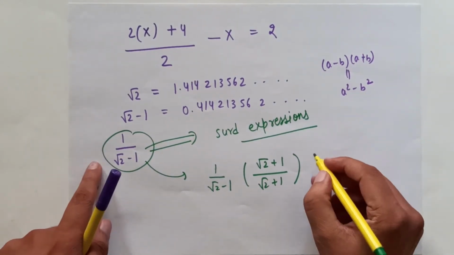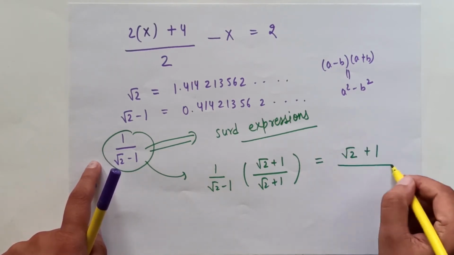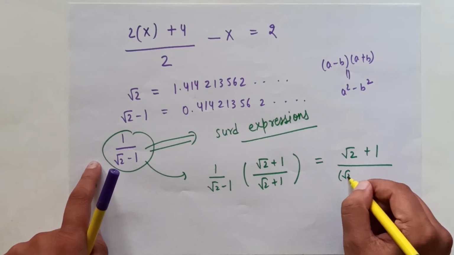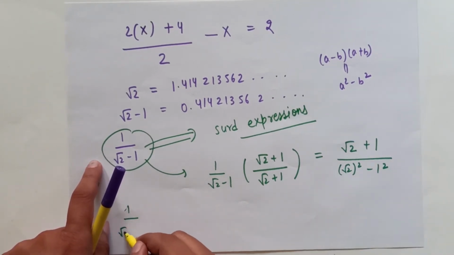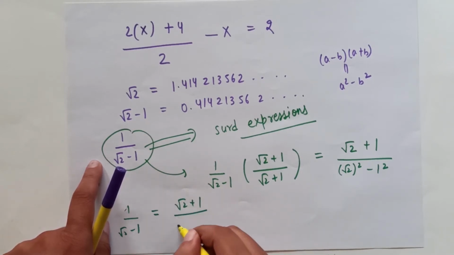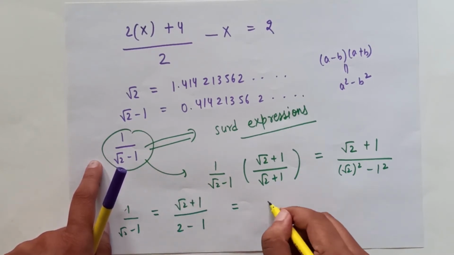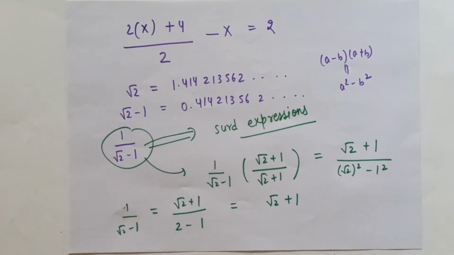So this expression will become root 2 plus 1 divided by root 2 square minus 1 square. That is, 1 over root 2 minus 1 becomes root 2 plus 1 divided by 2 minus 1, which further simplifies to root 2 plus 1. So let's keep this in mind till I change my sheet and we will proceed further.